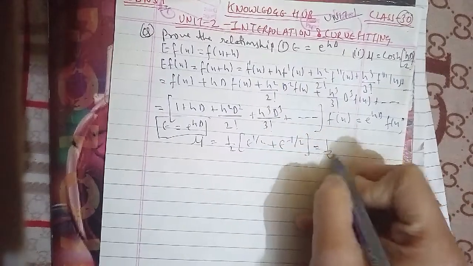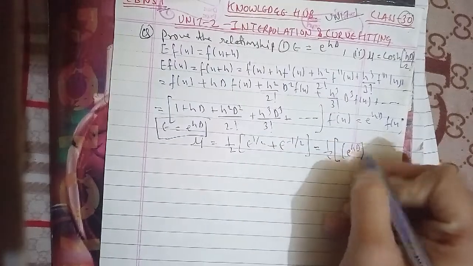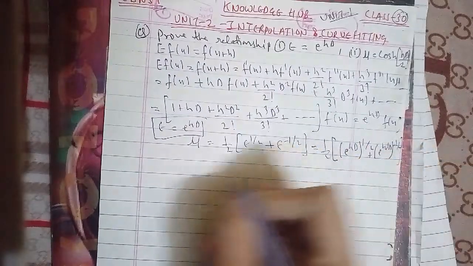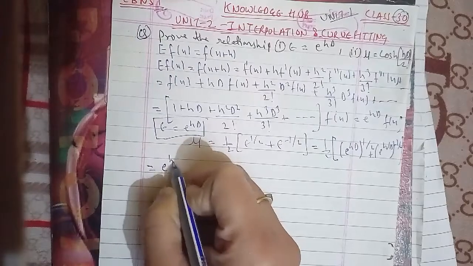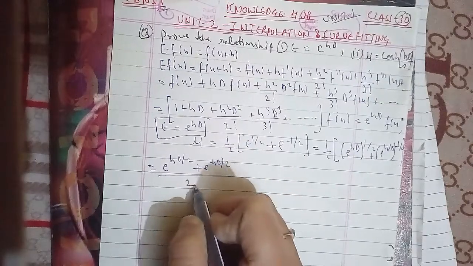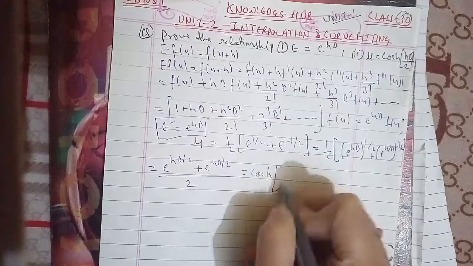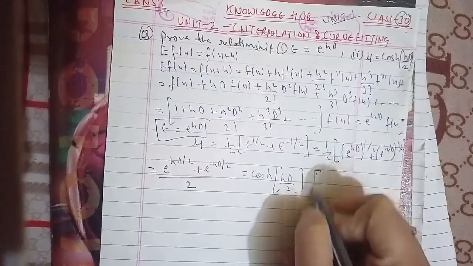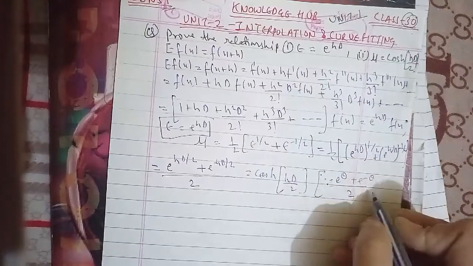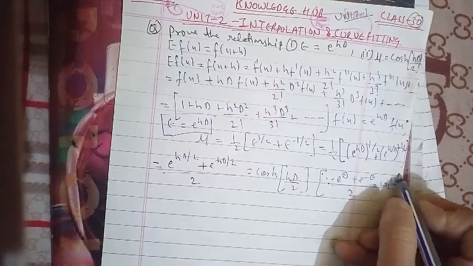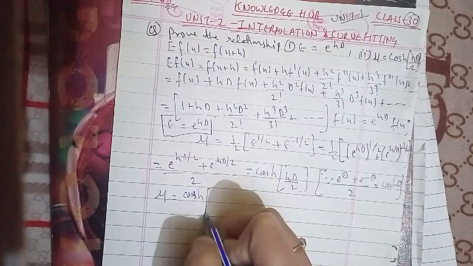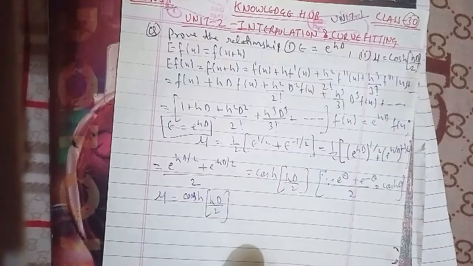We'll open it out: half of (e to the power hD) whole to the half plus (e to the power hD) whole to the minus half, which equals e to the hD by 2 plus e to the minus hD by 2 whole upon 2, which equals cosh(hD/2), where we can say that e to the θ plus e to the minus θ upon 2 equals cosh θ, which equals cosh(hD/2). Now we go ahead for the next question.